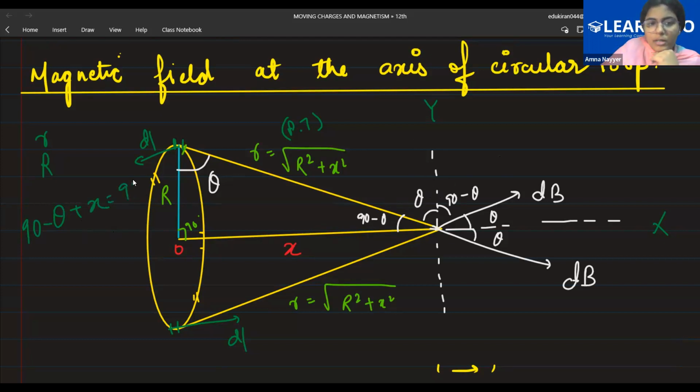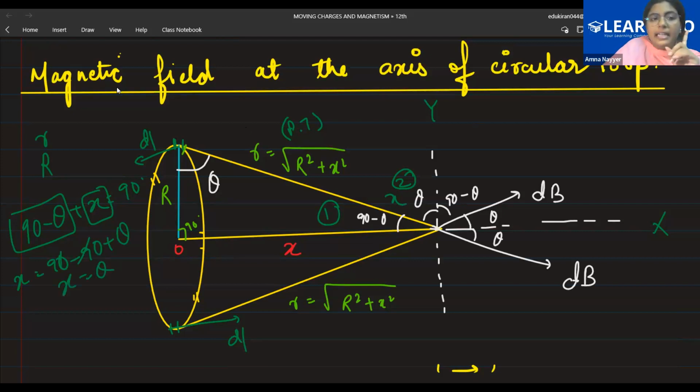This is equal to 90 degrees, right? Look, 90 minus theta means this angle, plus, let's say this is x for now, so plus this x is equal to 90 degrees. So x is equal to 90 minus 90 plus theta. 90, 90 cancel, x is equal to theta. So this x is equal to theta. That's why this theta has been written.